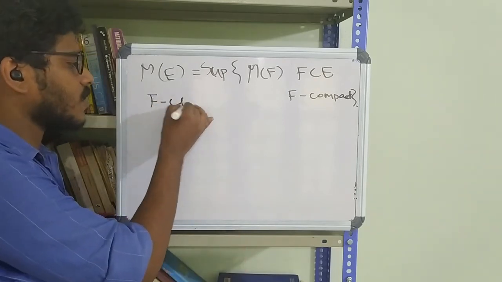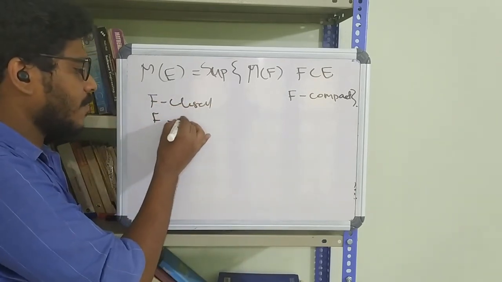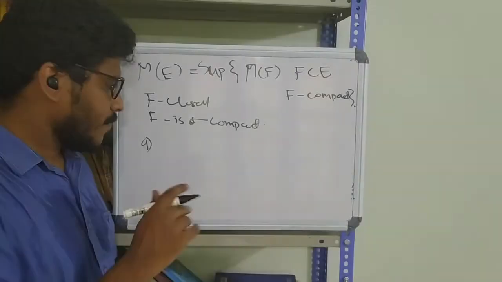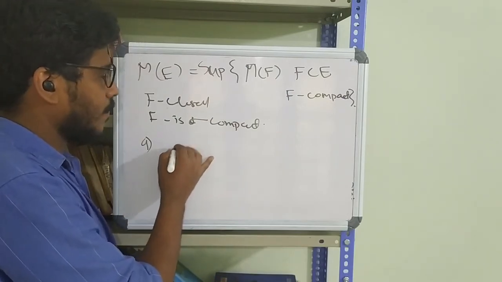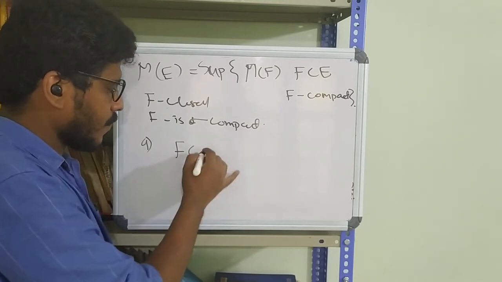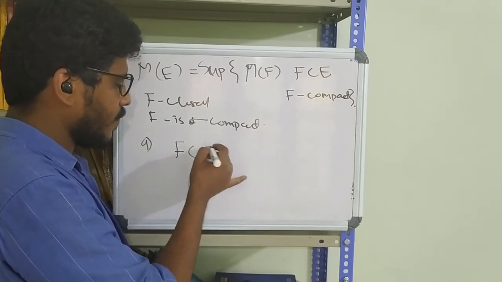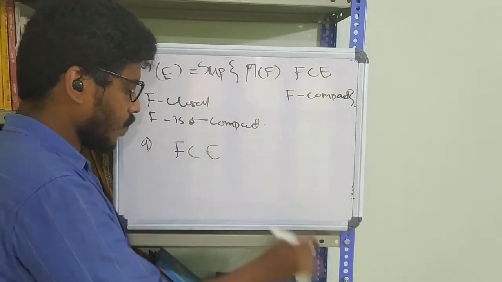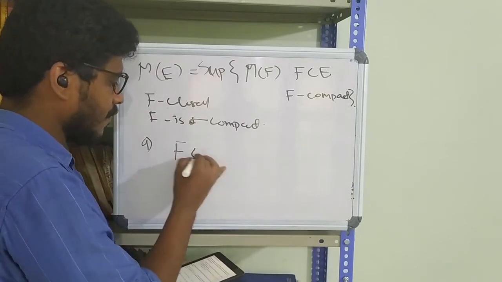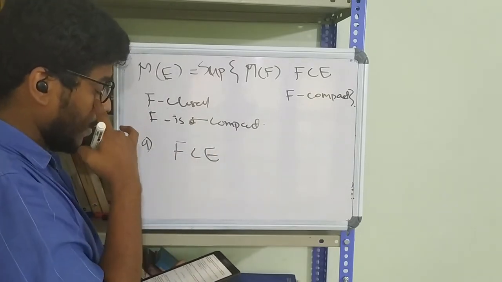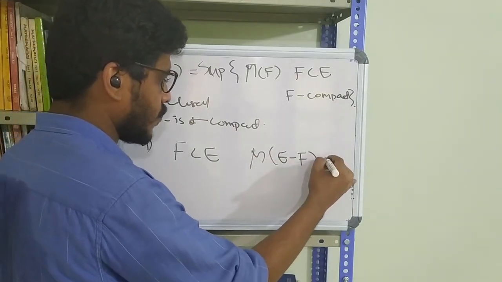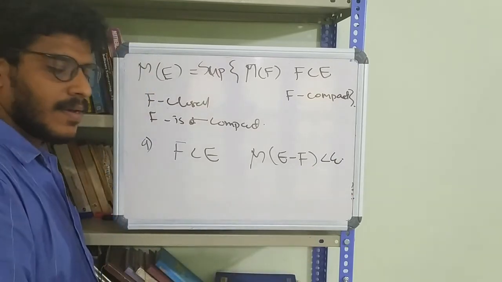So if F is closed, then F is sigma compact. From the first part, we have an idea that we had sets F contained in E, and measure of E minus F was actually less than epsilon, right?